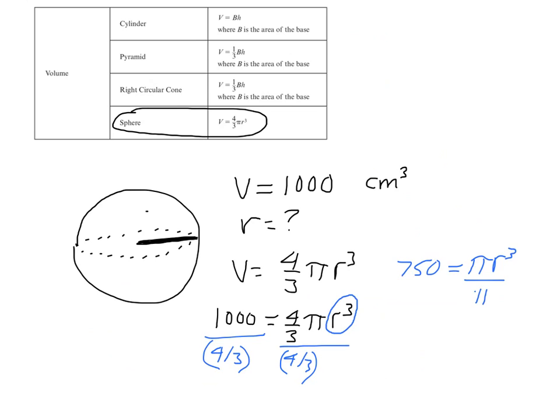And I want r to be by itself, so I'm going to have to divide by pi to try to get r alone. So 750 divided by pi comes out to be approximately 238.732.